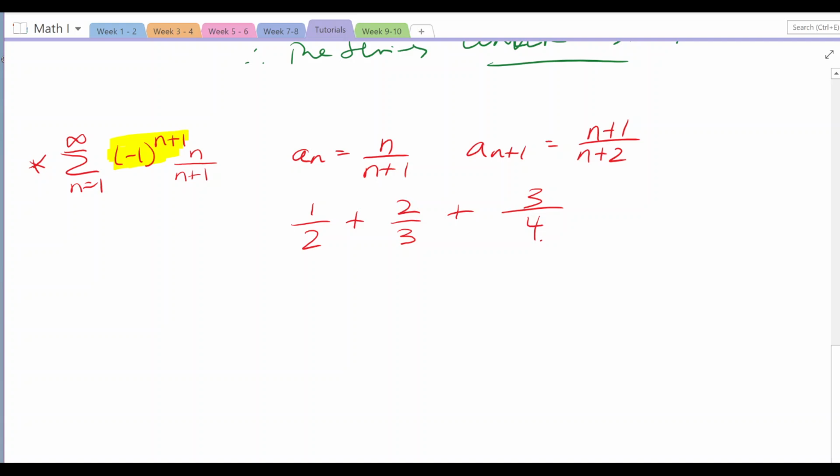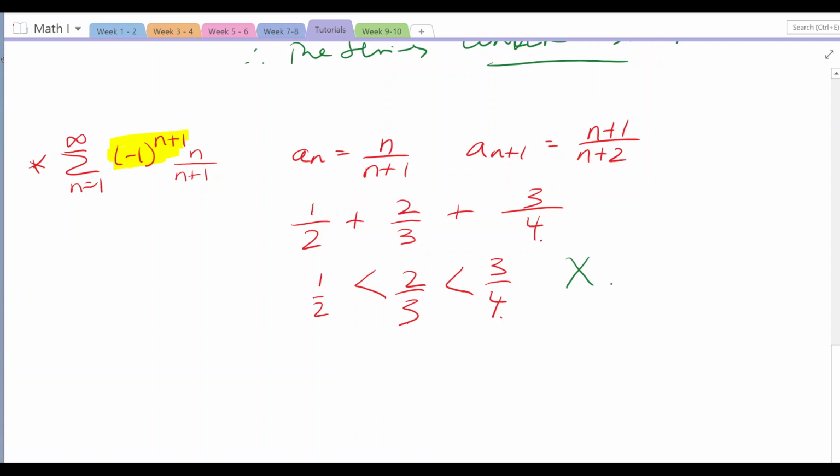So in this case, a half is not greater than 2/3; a half is less than 2/3, and 2/3 is also less than 3/4. So condition number 1 is not met for the convergence test.